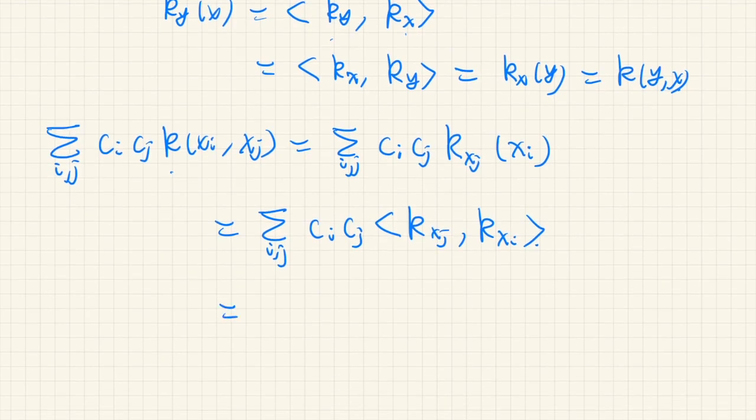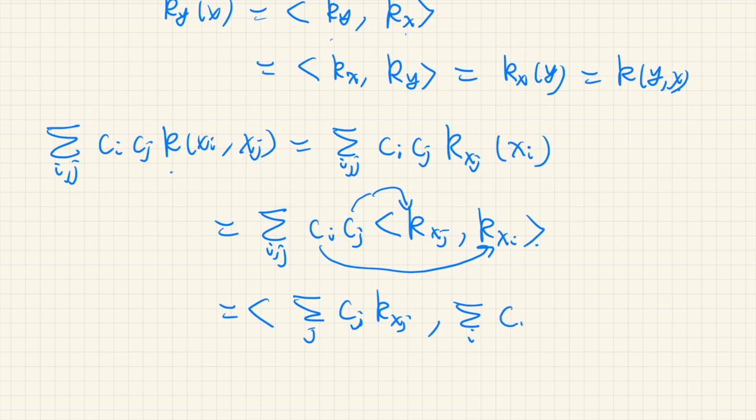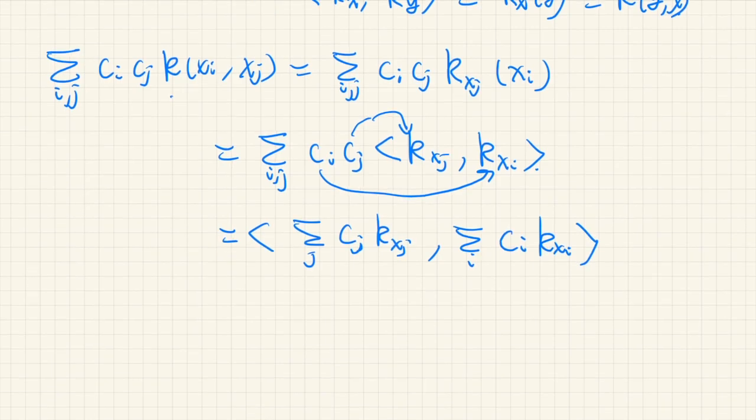Okay, now let's distribute these coefficients, cj to here and ci to here. So this becomes the inner product between the sum over j of cj k xj, and the sum over i of ci k xi. Now, again, this j and this i are just indices, so this sum and this sum are actually the same sum.